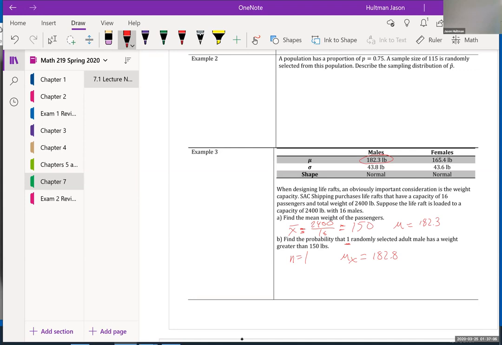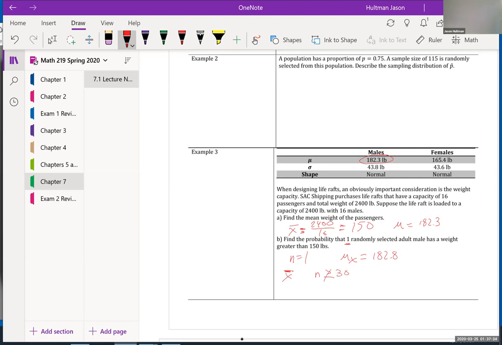The shape is normal. We know that it's normal. Now, what's the shape of the sample means here? Well, n is not greater than or equal to 30.